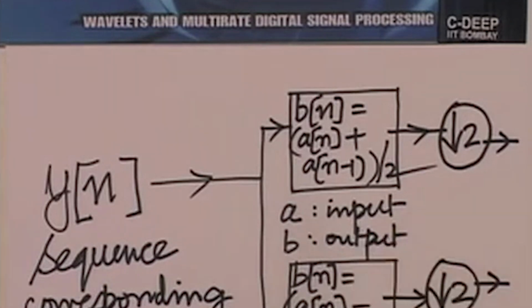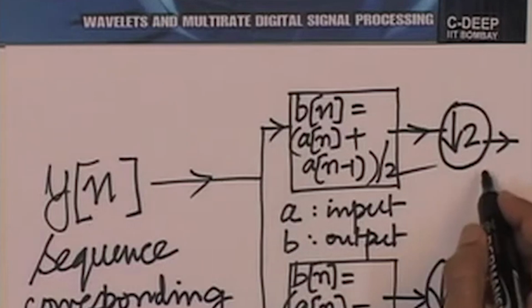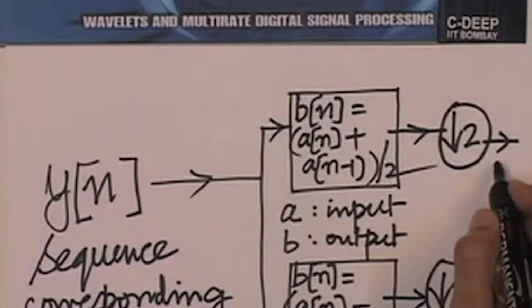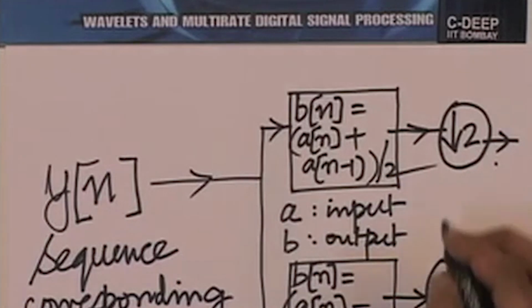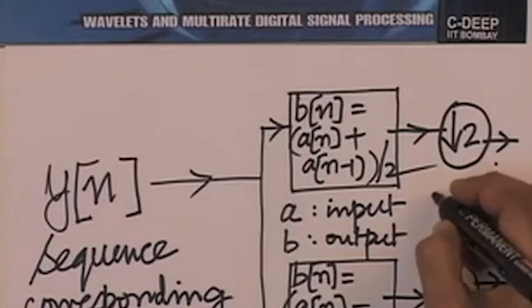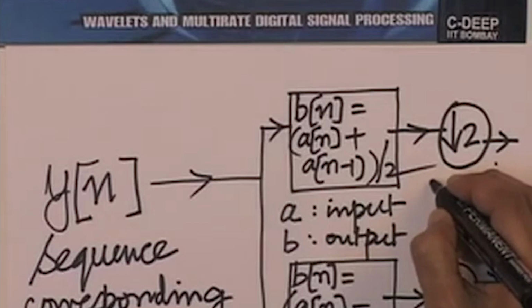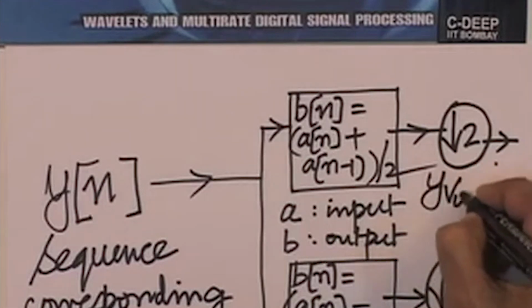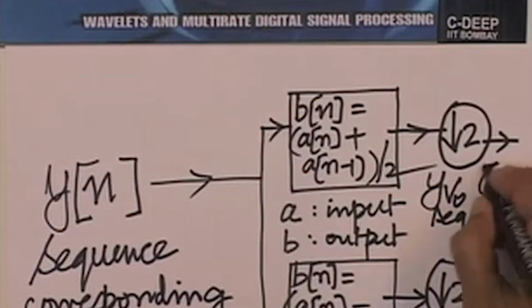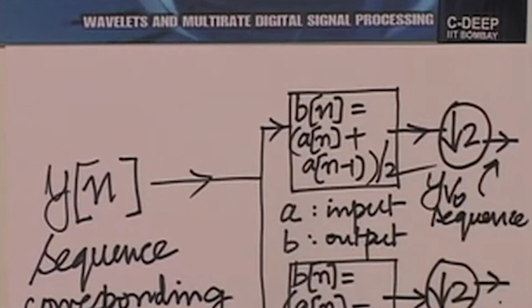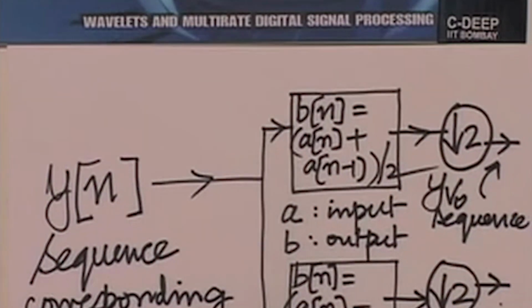So, this is the structure that gives me the sequence for V 0 here and the sequence for W 0 here. Let us write that down. The Y V 0 sequence there and the Y W 0 sequence here.